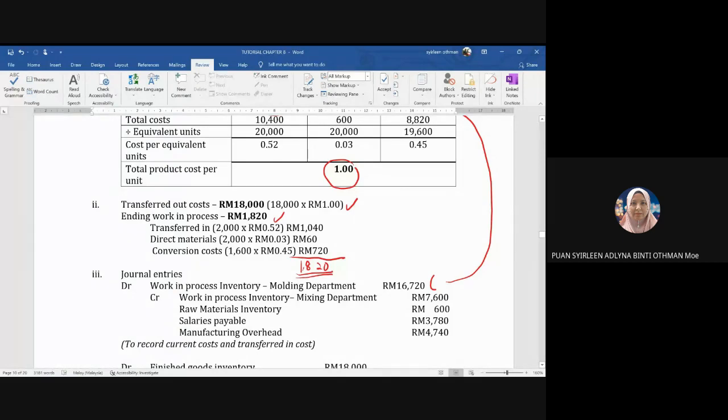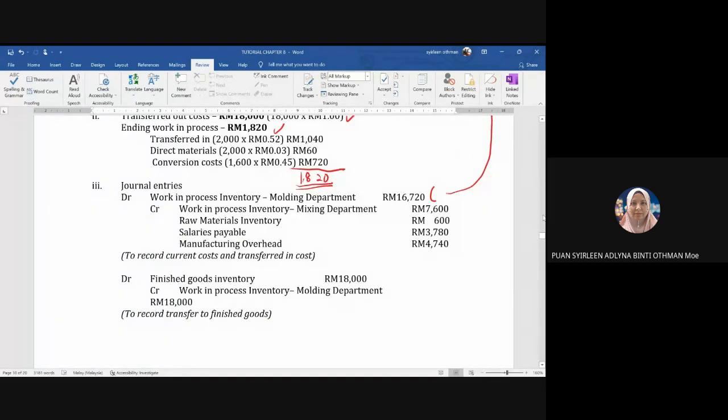So kita boleh terus campur sebab dalam soalan dia ialah direct labor is 3780. Okay, so manufacturing overhead ialah 4740. Okay, alright. So this is the journal entry sebab dia minta untuk mixing. Yang ni dia combine sekali ya. Okay, kalau you nak asing boleh, tak ada masalah.